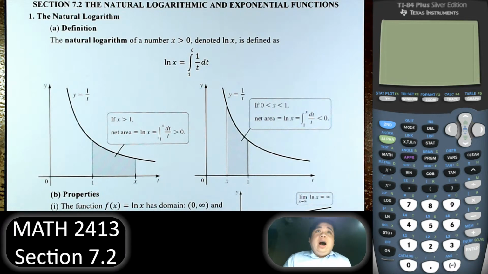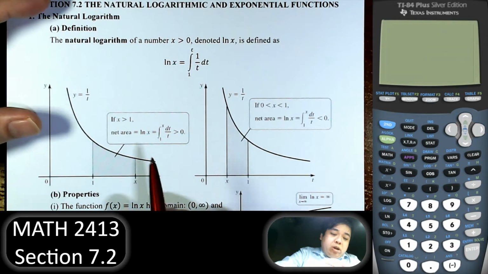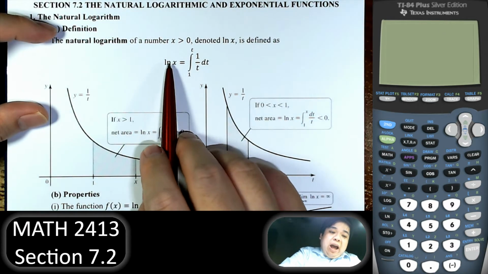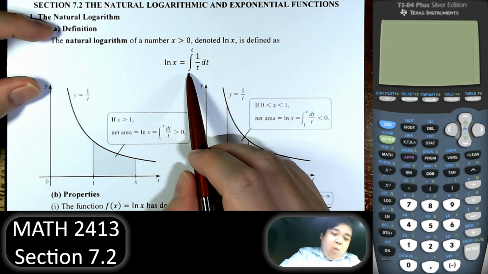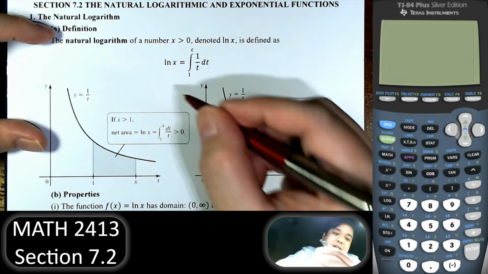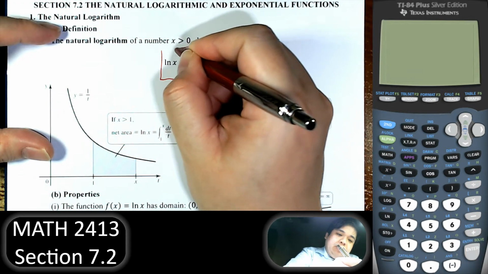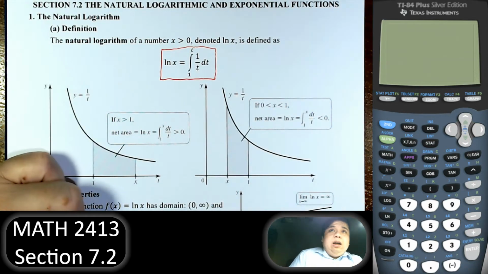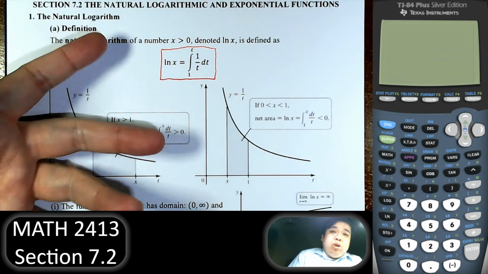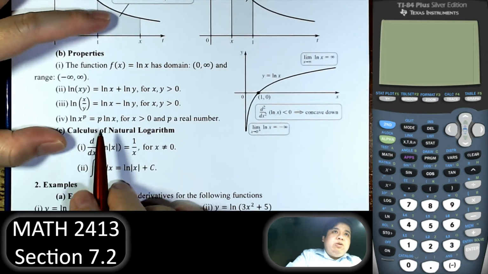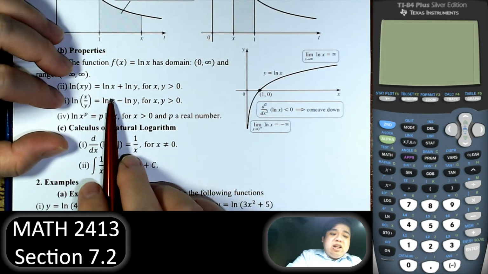But now, like I said, the book defines the natural log as the integral from 1 to t of 1 over t. The bad thing is that using this definition to prove these properties is a little bit difficult.